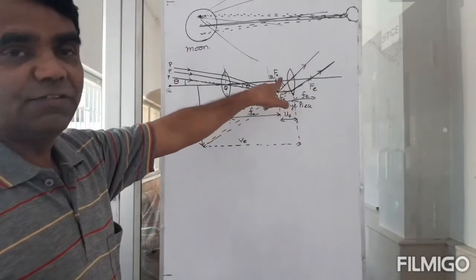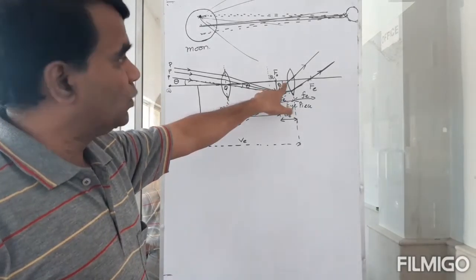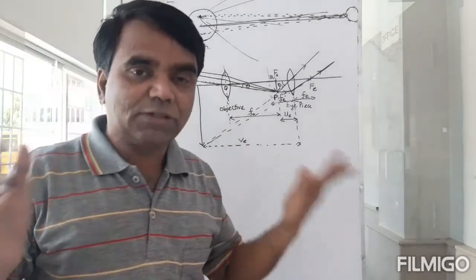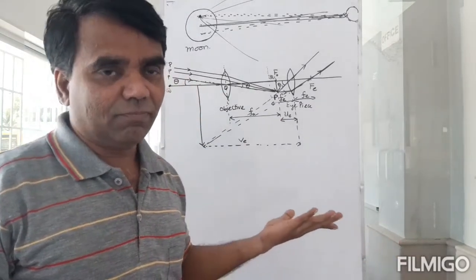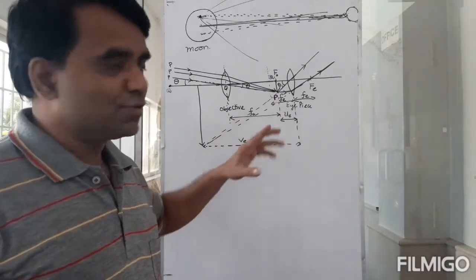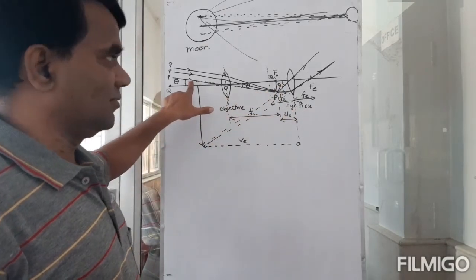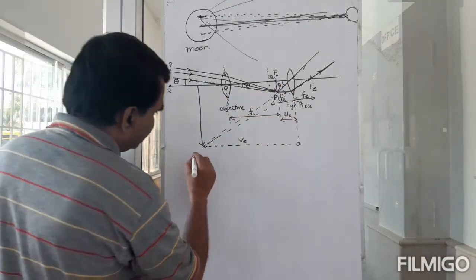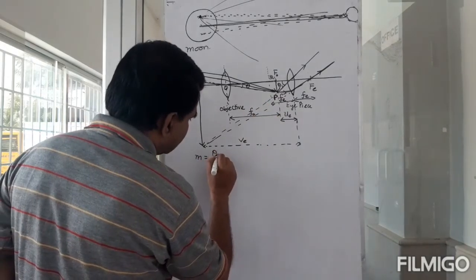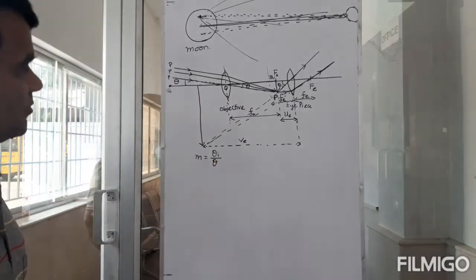So theta I is the visual angle with the instrument, and theta is the angle without the instrument. Then my magnification will be this angle divided by this angle. So magnification is equal to theta I divided by theta. That's the magnification for me.